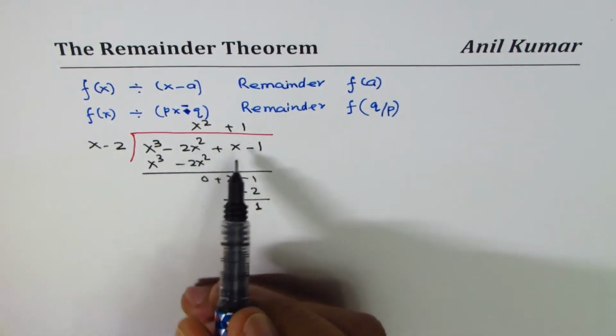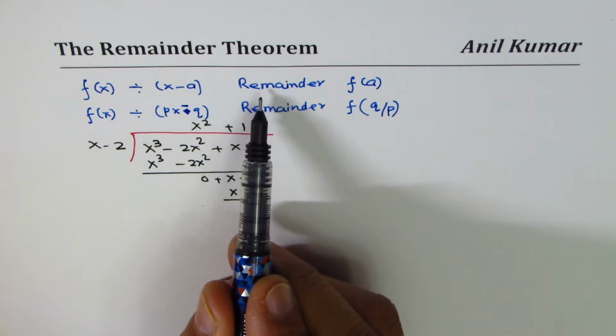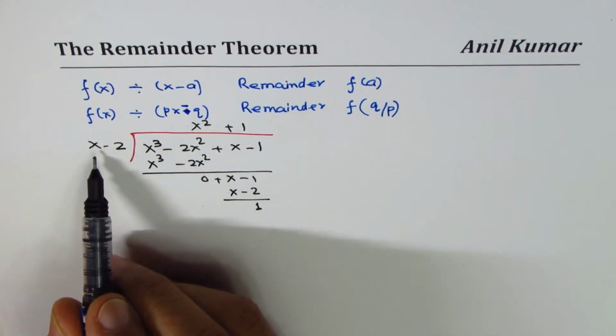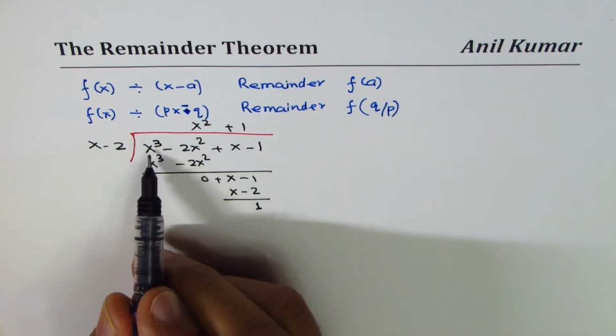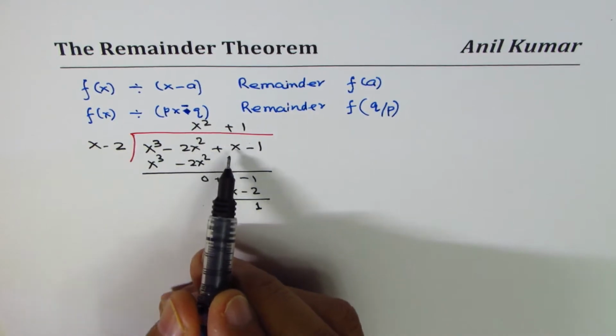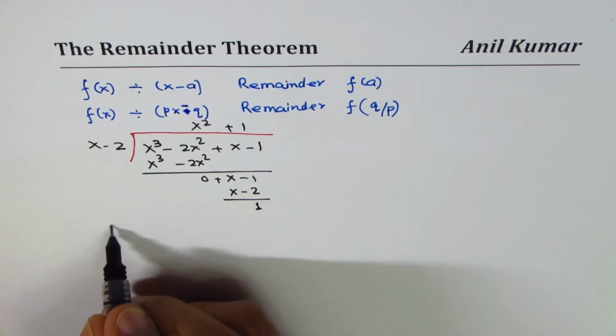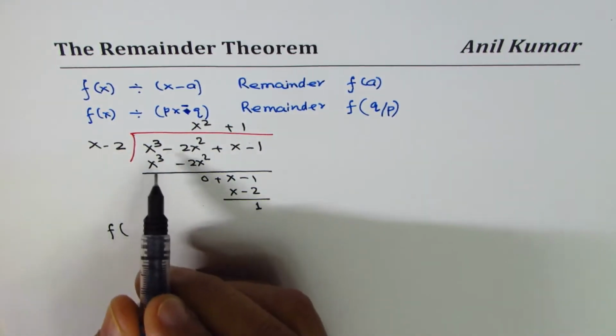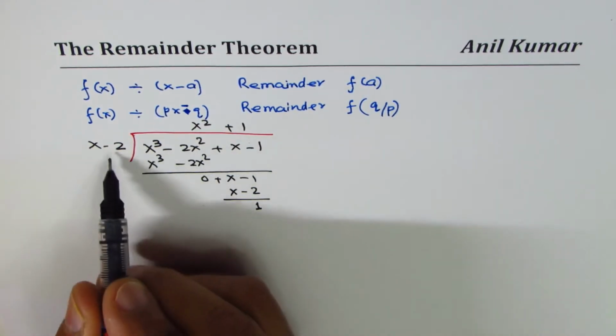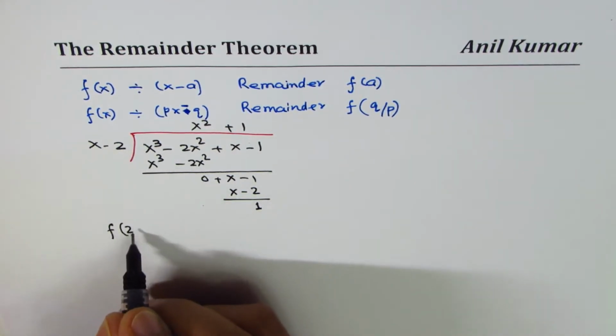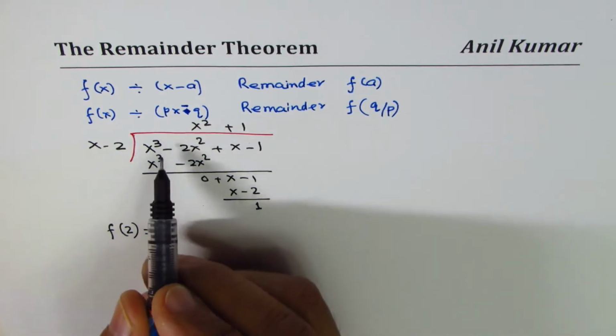You could also check the value by using remainder theorem, right? So the polynomial is x cubed minus 2x squared plus x minus 1. If I write the value of this polynomial for x equals 2, what do we get?